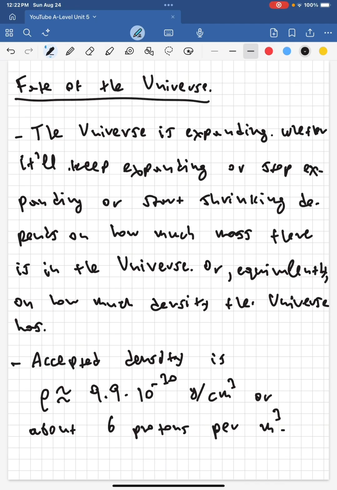Then you might object and say, but celestial objects have a density, like the Earth has about 5 grams per cubic centimeter, and then you have stars, etc. Yes, that's true, but the universe is mostly empty space, right? Because we account for that when we calculate this density, the density is really small.